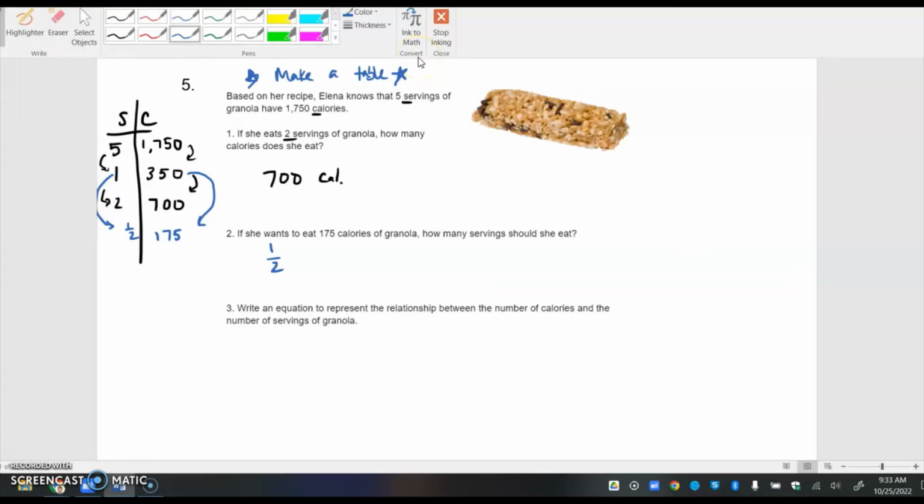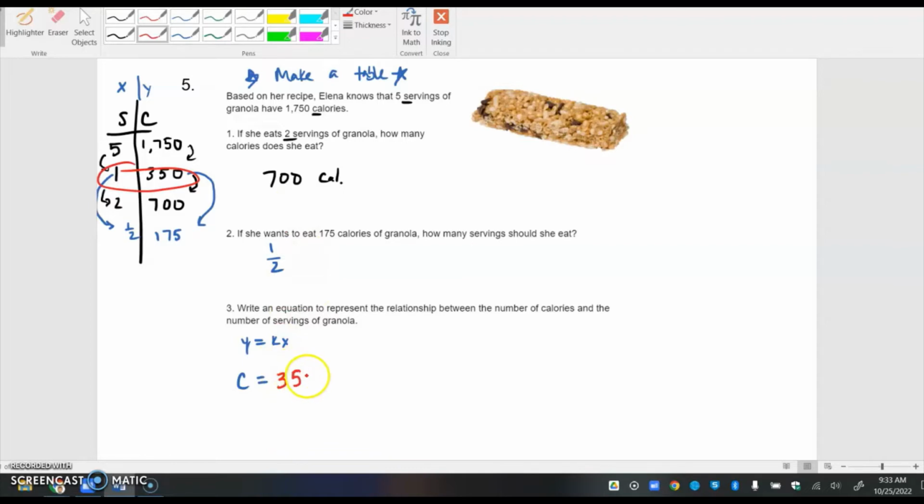Last one says write an equation to represent the relationship between calories and number of servings. So again, if I thought about this as x and this is y, my original equation is y equals k times x. So instead of saying y, I'm going to say calories is equal to, what did I find was my constant of proportionality? Right here, how did I go from 1 to 350? Multiplied by 350.